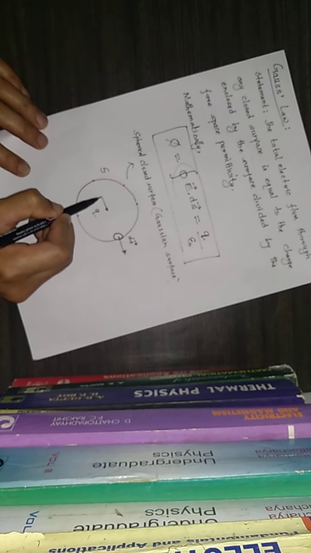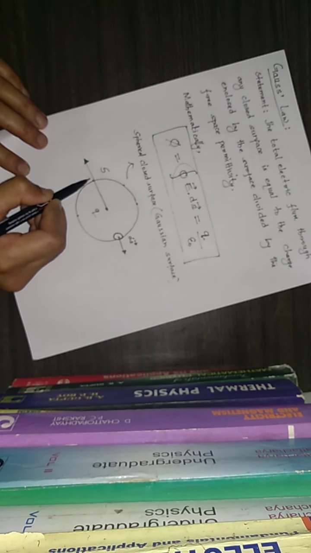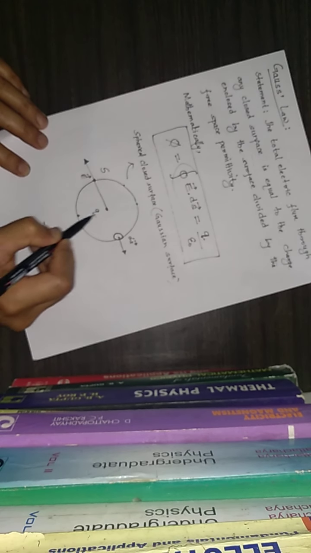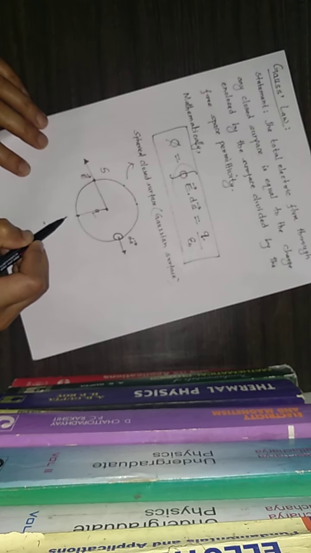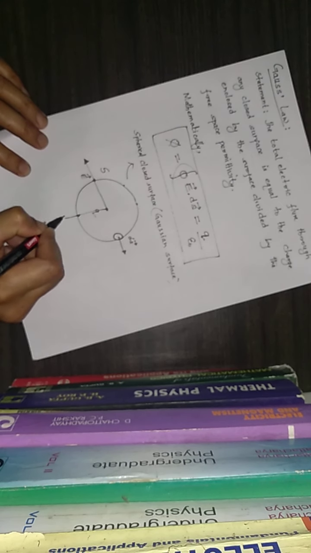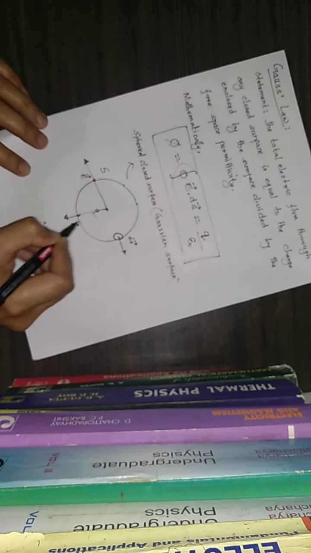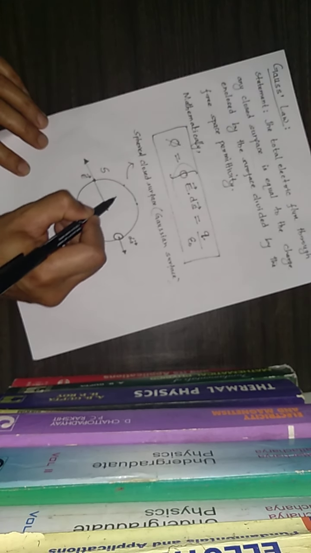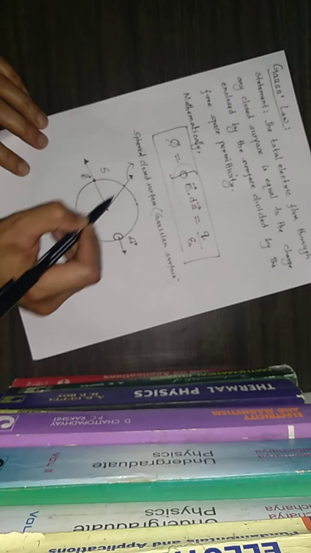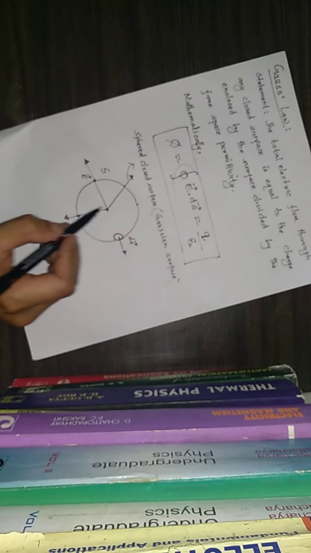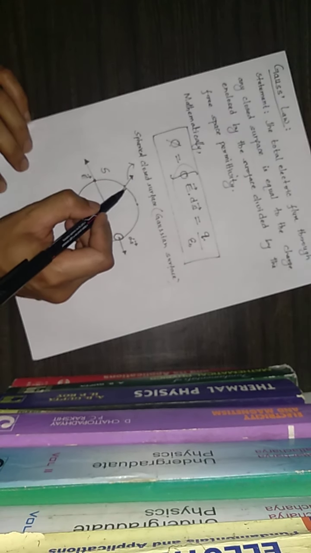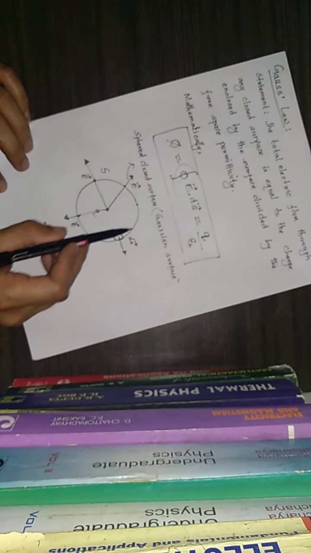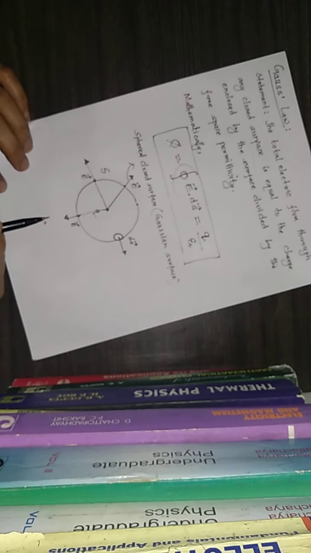For example, there is an electric field flowing out at this point due to this positive charge, because for a positive charge all the electric field lines go outward. So at every point on this surface there is an electric field going outside.